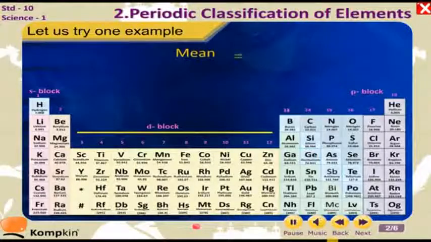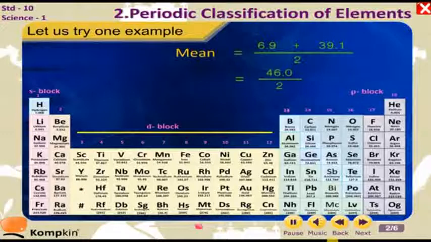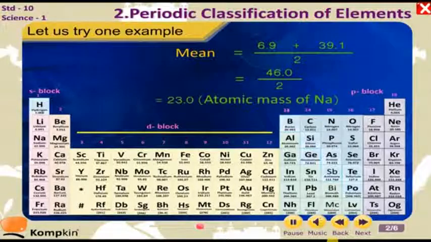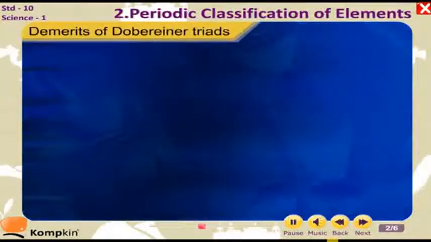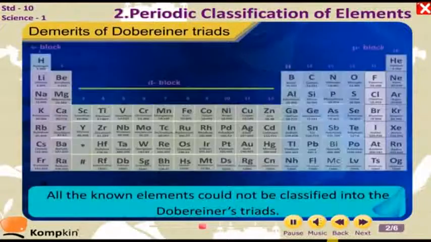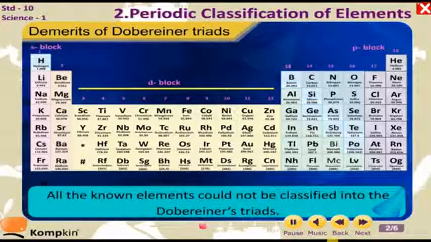Mean is equal to (6.9 plus 39.1) by 2, that is 46.0 by 2, that is 23.0, which is the atomic mass of Na. Demerits of Dobereiner's triads. All the known elements could not be classified into Dobereiner's triads.